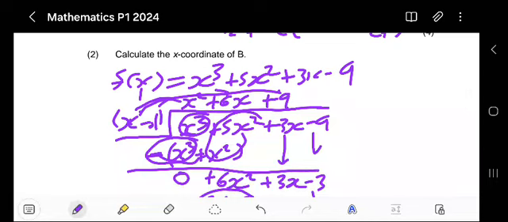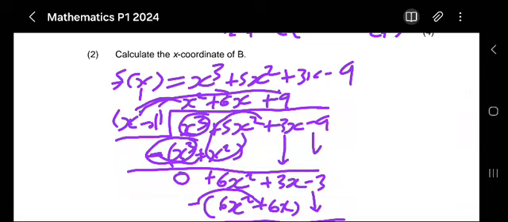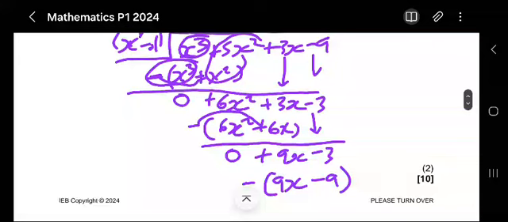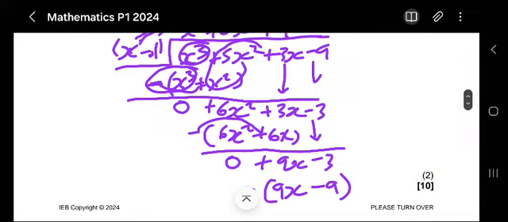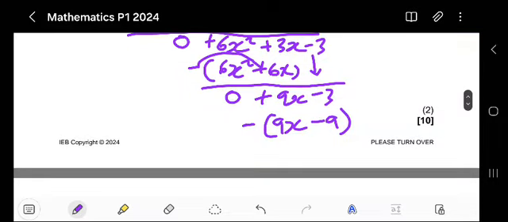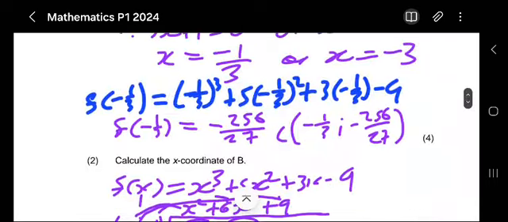Multiply, positive 9 times minus 1 will be minus 9. Then this and this will be 0. Then you add there, you will have minus 9 plus 9, which is 0.